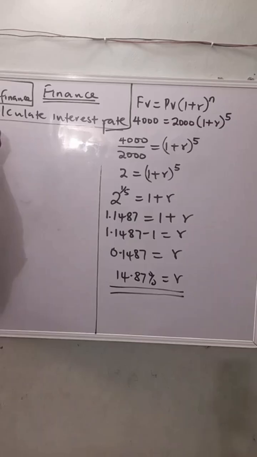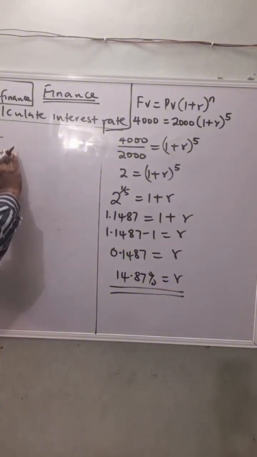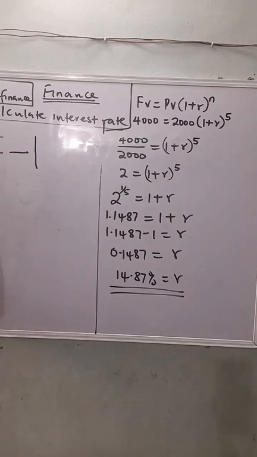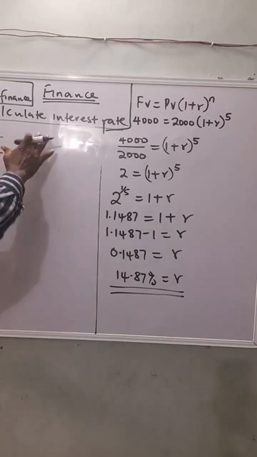Alternatively, our interest rate formula is R equal to the n-th root of future value all over present value, minus one whole number. The formula is R equal to the n-th root, like this. So this is our formula. This is one whole number.